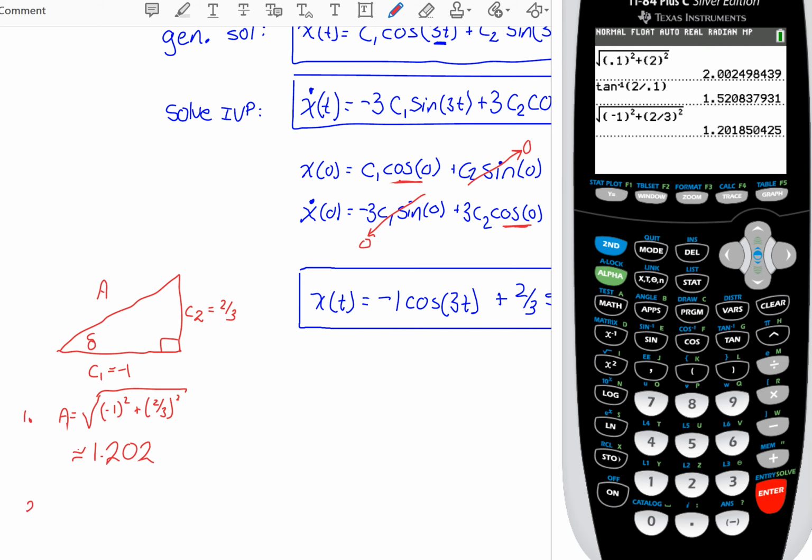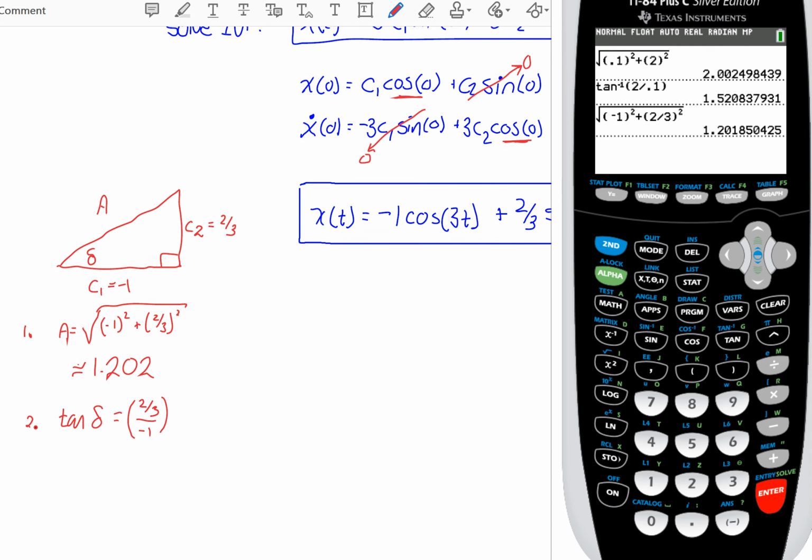To find your phase angle, remember that tangent of delta is always your opposite over adjacent. So 2/3 over -1. Or maybe we could just say here that delta would have to be the arctangent of -2/3.